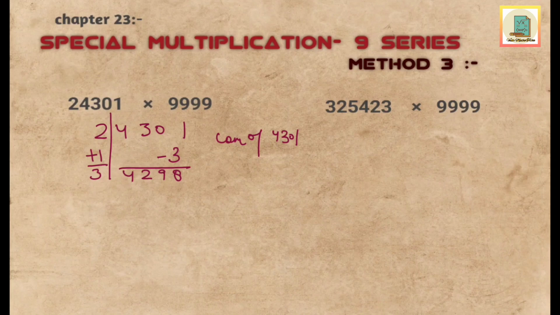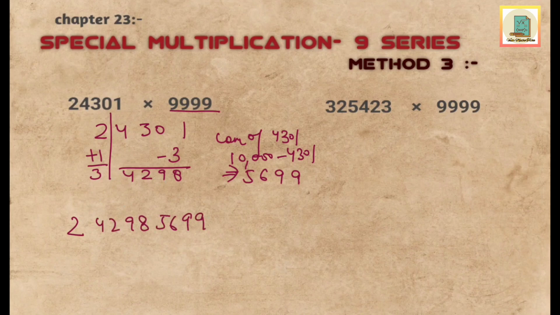And here we'll subtract 4301 from 10,000. Because 9999 is nearer to 10,000. So 10,000 minus 4301 gives 5699. So the complement of 4301 is 5699. So the final answer is 2, 4298, 5699.